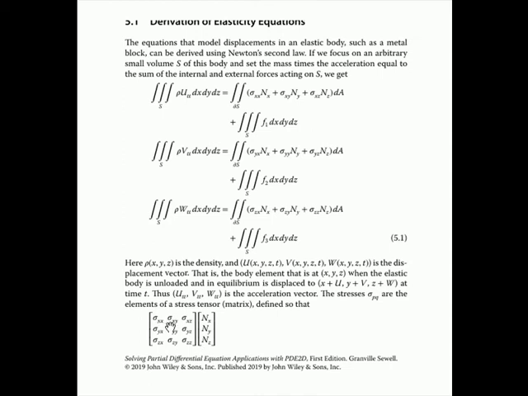And you can think of sigma pq as being the force in the p direction, p being x, y, or z, exerted by the rest of the body per unit area on a piece of boundary whose unit normal is in the q direction. Well, I may have lost you on that, but anyway, this stress tensor is a matrix such that if you multiply that matrix times the outward unit normal, that will give you the force on the boundary of the rest of the material.